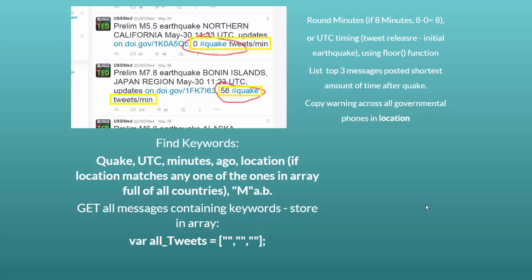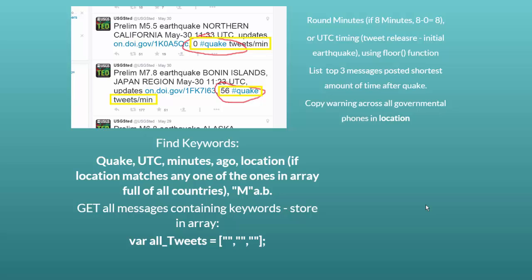Second, to build our algorithm, we have to get all the messages that contain those specific keywords and store them in an array. So if we make an array called all tweets, that would store all the tweets that have those specific keywords. Third, to get even more specific, we want to use the floor function to round the number of minutes since the earthquake.